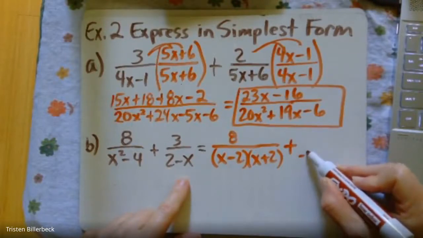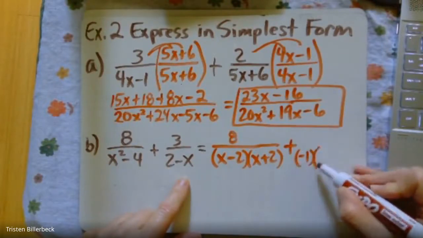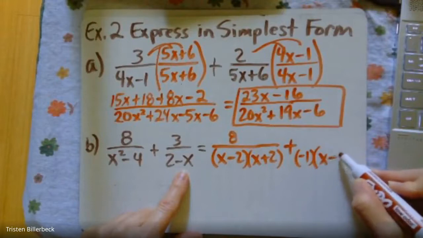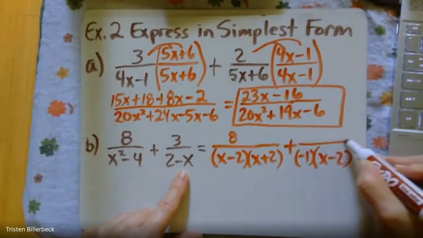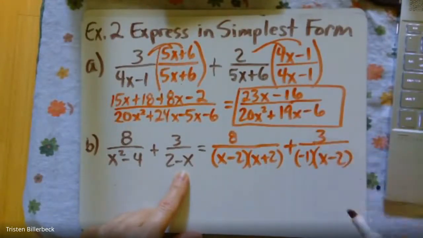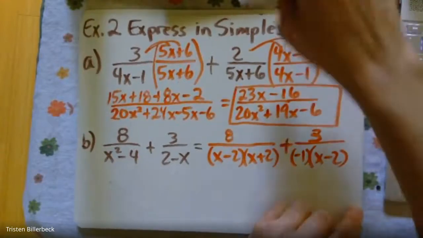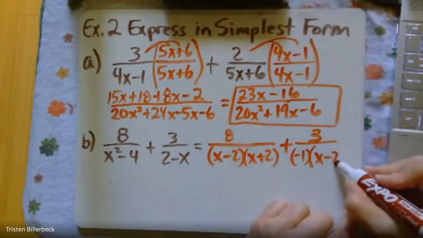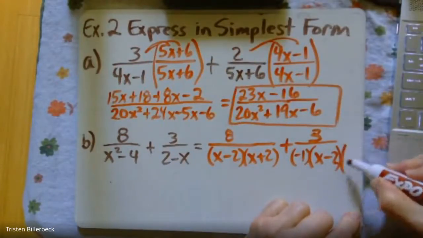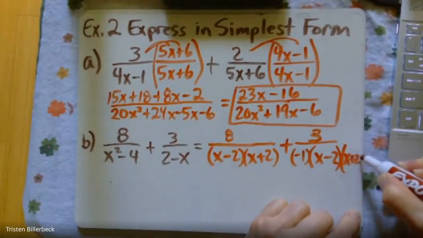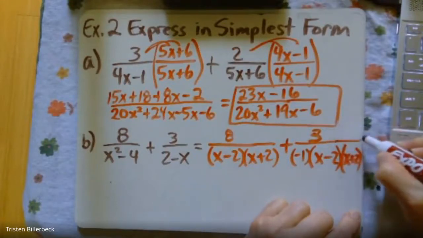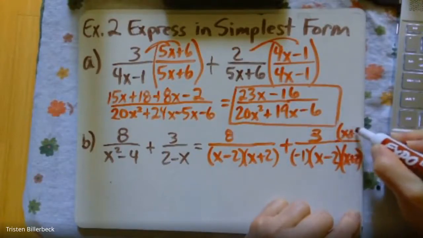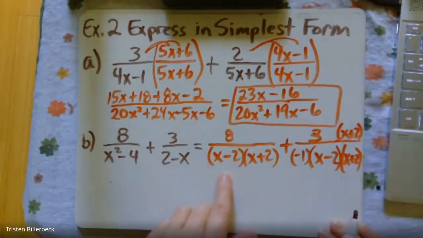So I could have a -1 right here and then rearrange this to be x minus 2 with a little teeny ninja move.